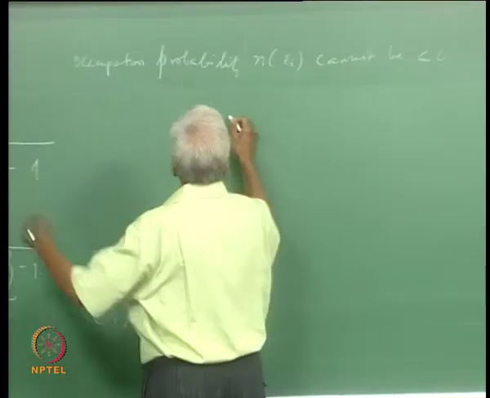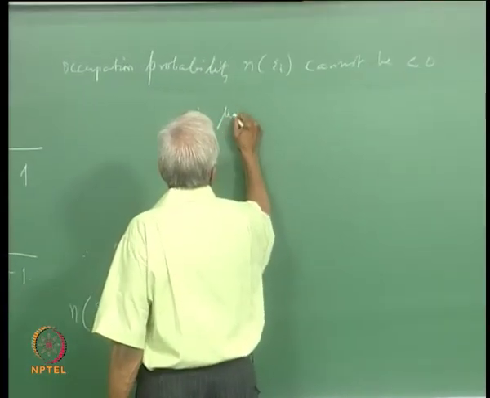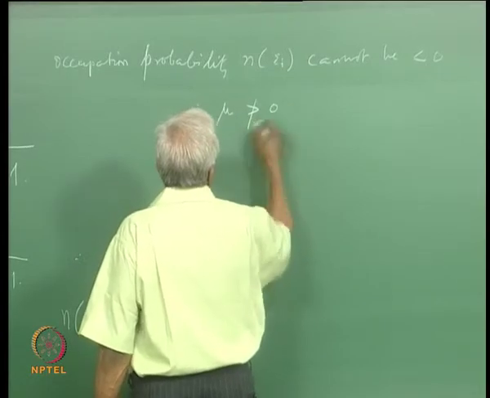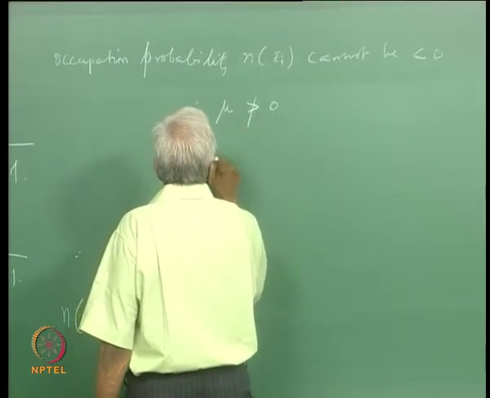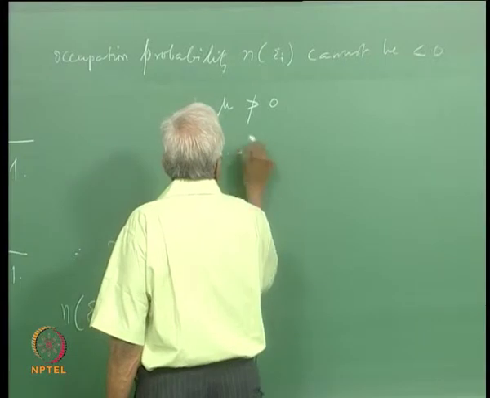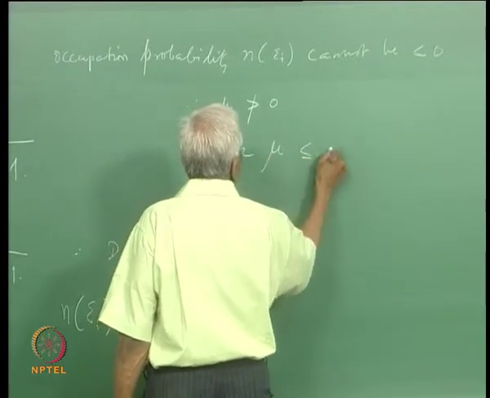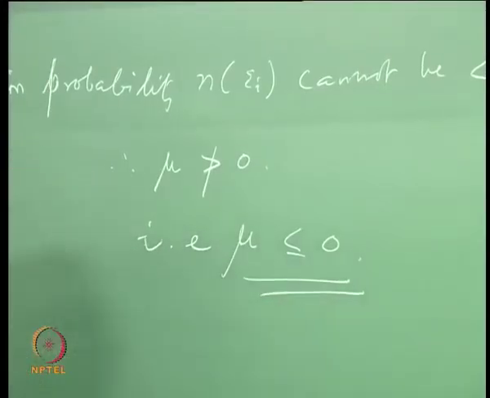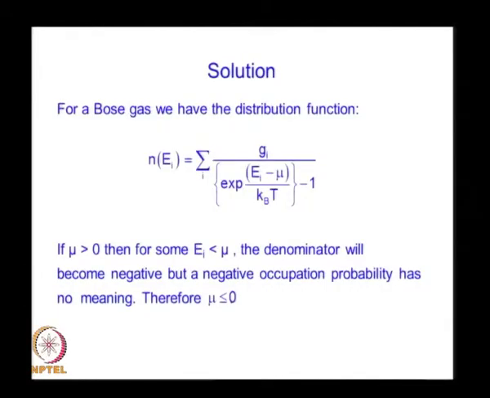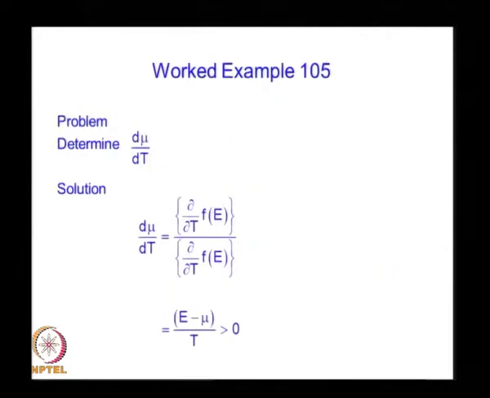Therefore, our assumption that mu is greater than 0 is not valid. That is, regarding the value of the chemical potential for a Bose gas, which should either be negative or at most equal to 0.